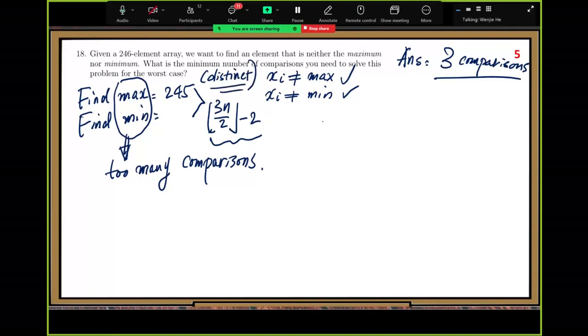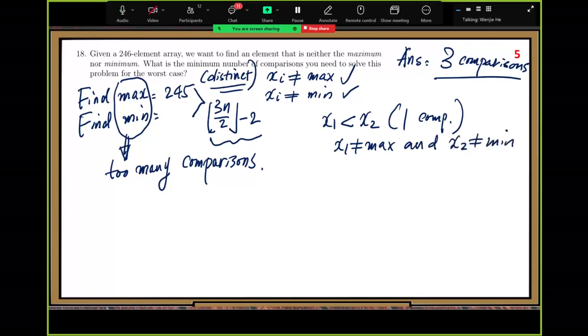If we just do one comparison, let's say x1 less than x2, only one comparison, we can get the information already. x1 cannot be the maximum, and x2 cannot be the minimum. You see? One comparison, we get this much information, and it's almost there.